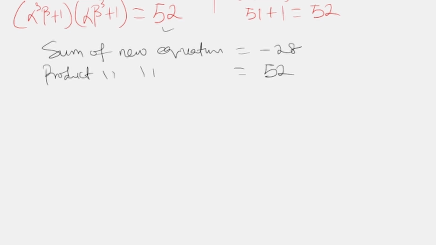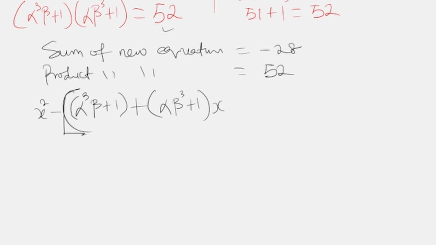Now what do we do next? We now write, x squared minus, so what is the new equation? The sum of the new equation is alpha cubed beta plus 1, and let me put this in a square bracket, plus alpha beta cubed plus 1, right? So this is for the sum, and it's multiplied by x.